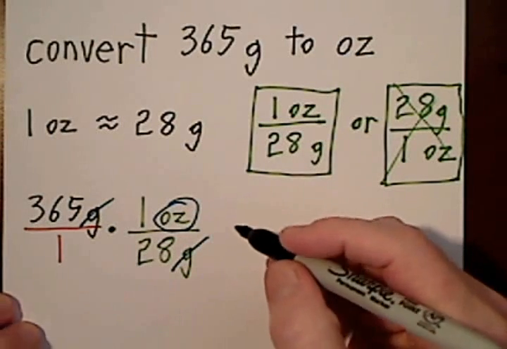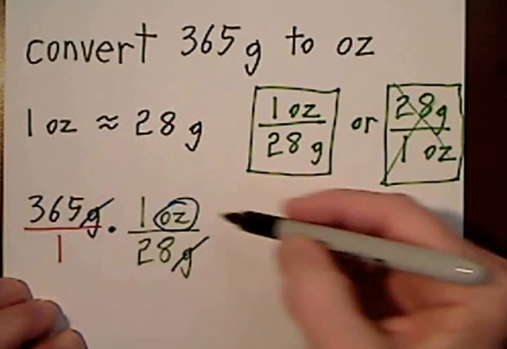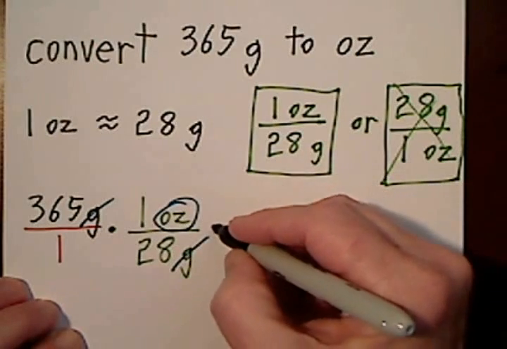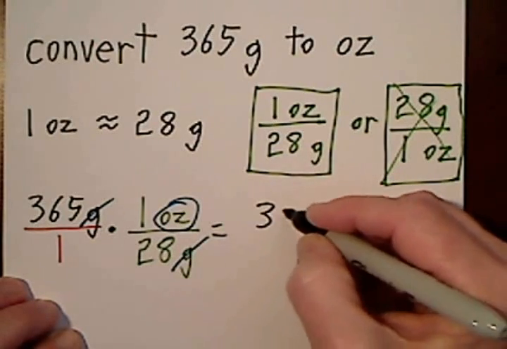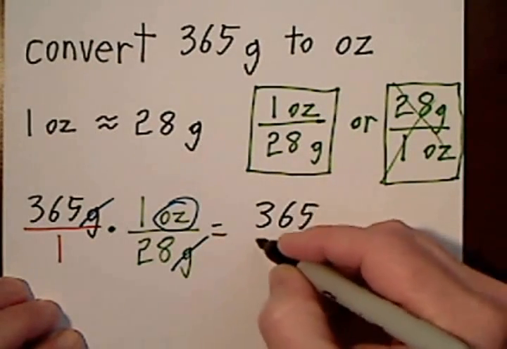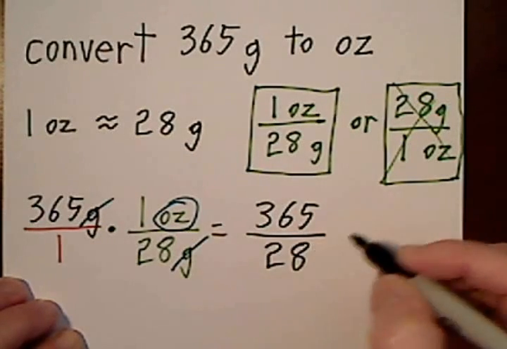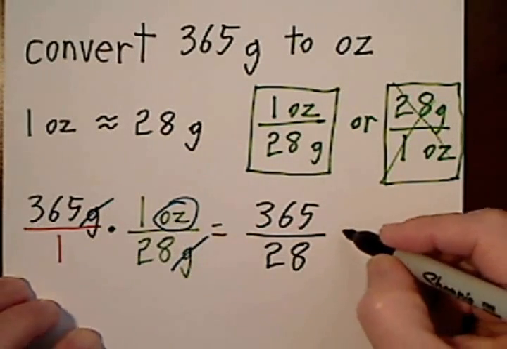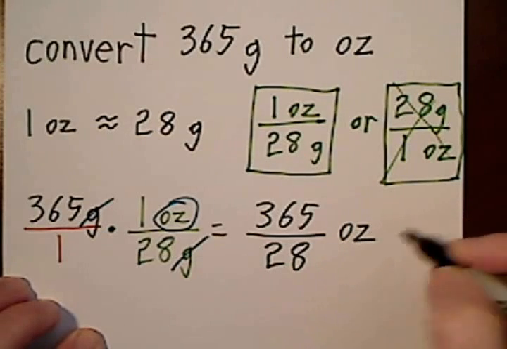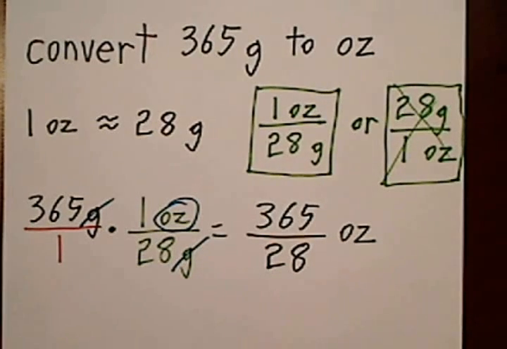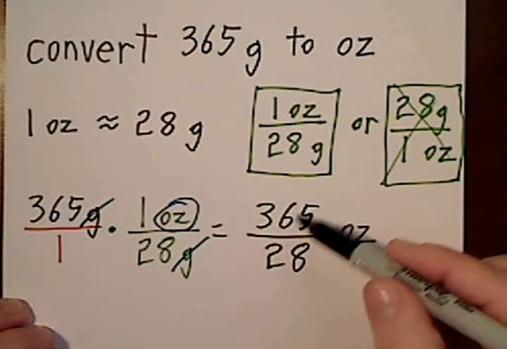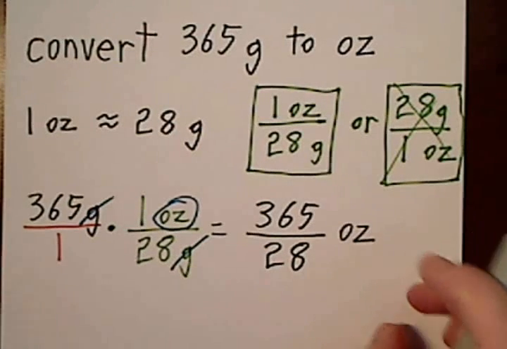Now I have to take care of the math. So 365 times 1 is 365. 1 times 28 is 28. The units are ounces. And if this can be reduced, you have to reduce it.